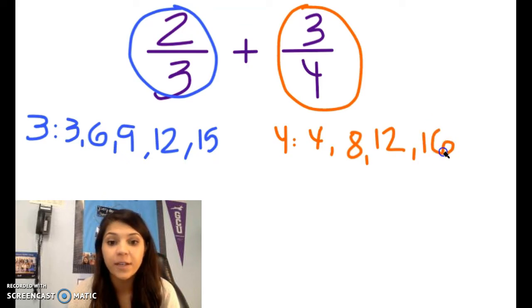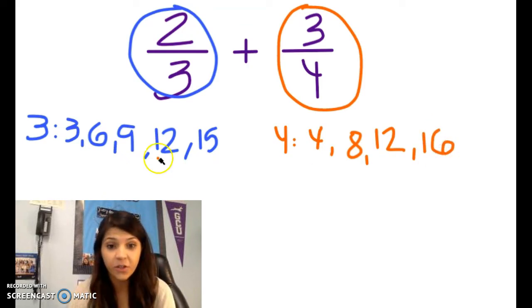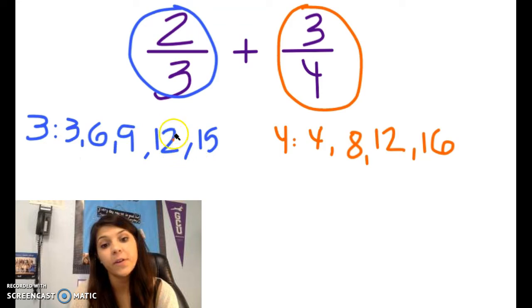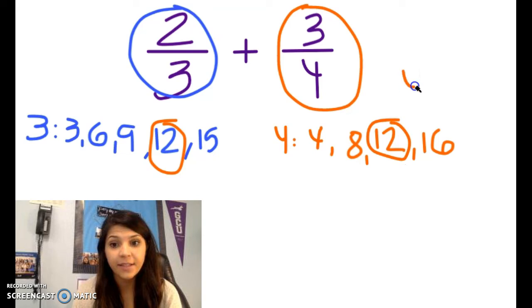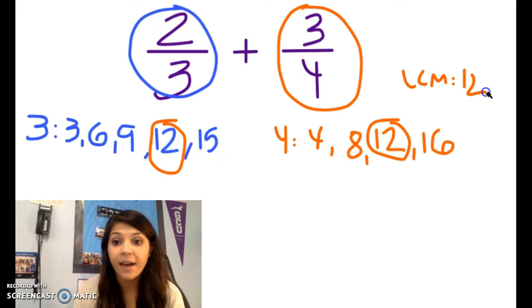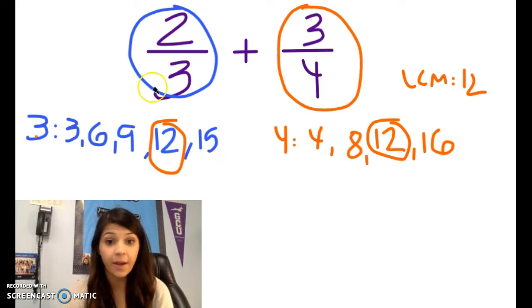So what we're looking for is the number that both of the numbers intersect by. So if I come back over here, I know that there's a 12 on this side, and I know that there's a 12 on that side, which tells me our least common multiple for those numbers is actually going to be the number 12.